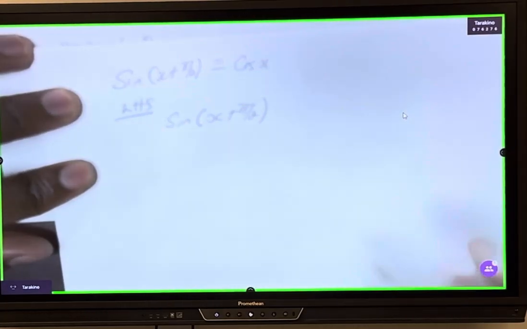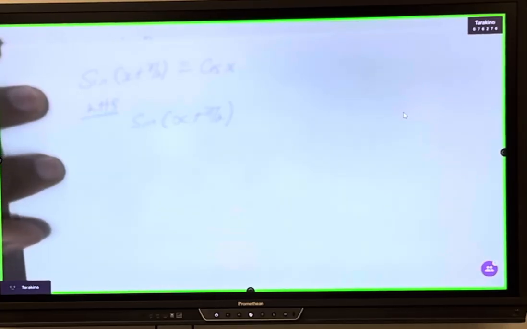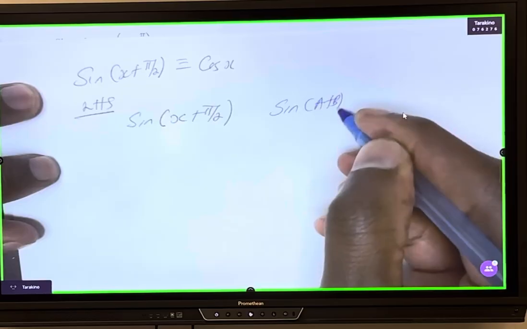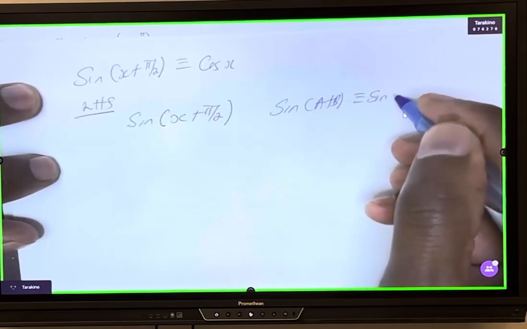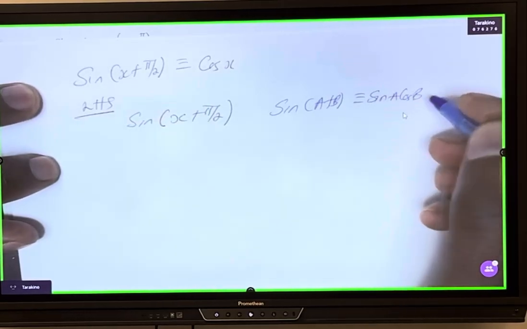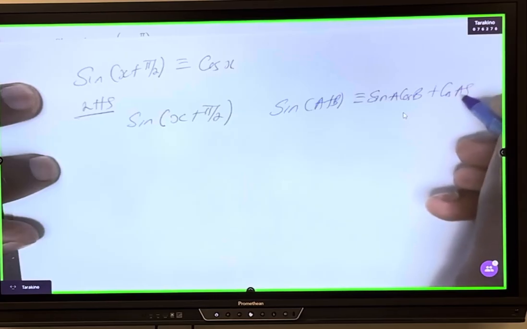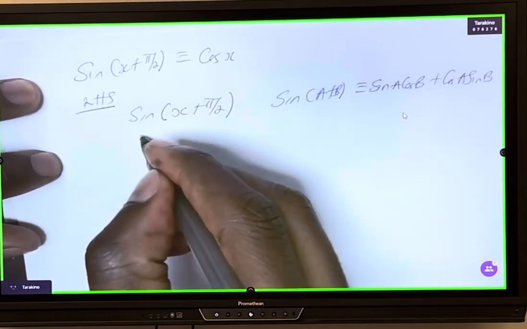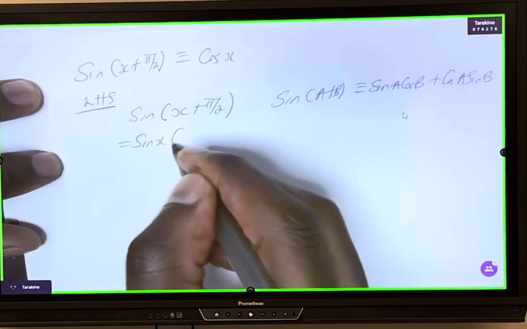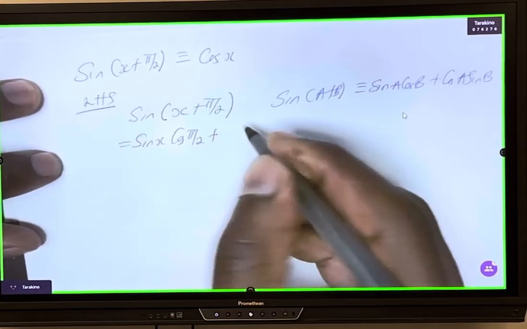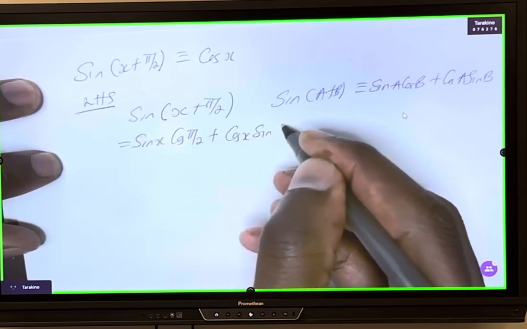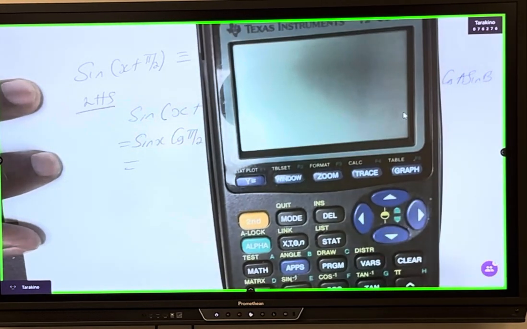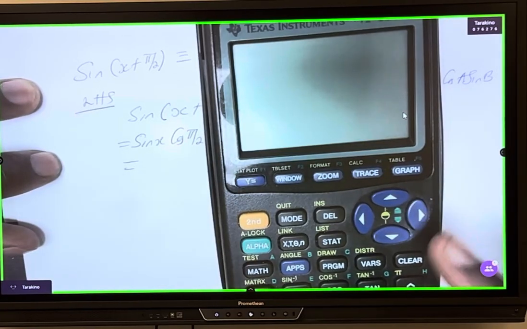But remember, you should know this: sine of a plus b, when you expand that, is the same as sine a cosine b plus cosine a sine b. This is what we are going to use. So in this case, it becomes sine x cos 90 plus cos x sine 90. So we want to see what sine 90 and cosine 90 are.